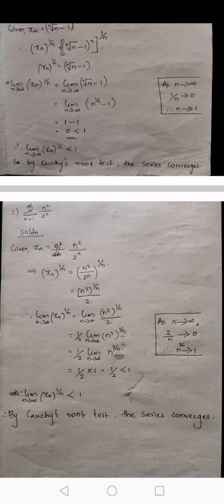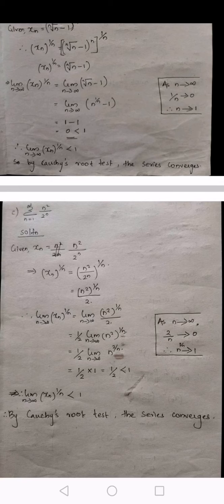And when we apply the limit n tends to infinity, 2 by n tends to 0, and n raised to 2 by n becomes n raised to 0, which tends to 1, which gives the value 1. Therefore the equation becomes limit n tends to infinity xn raised to 1 by n is equal to 1 by 2 into 1, and that is 1 by 2.